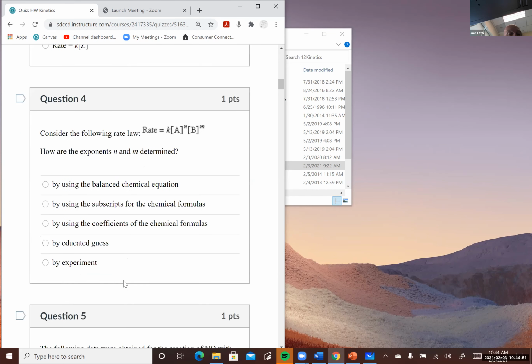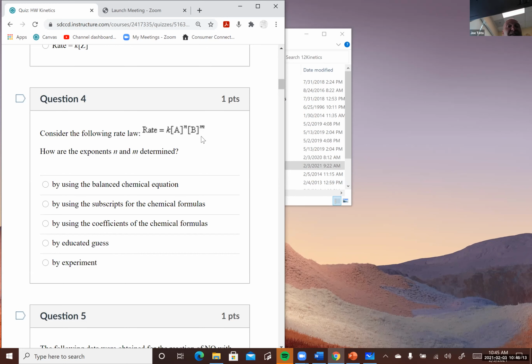Number 4, consider the following rate law. How are the exponents n and m determined? Don't even look at the answers. How are n and m, and k for that matter, determined? By experiment? Yeah, that's right.